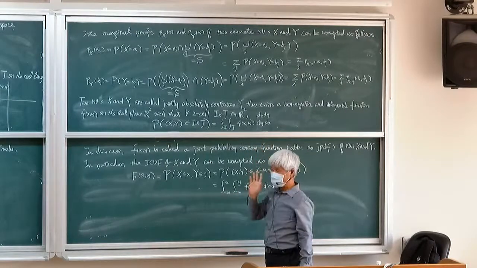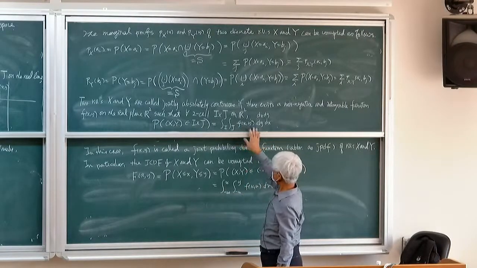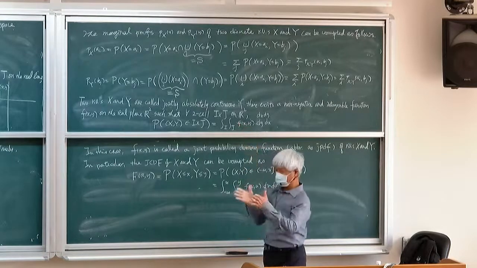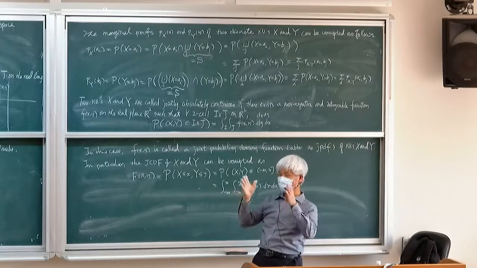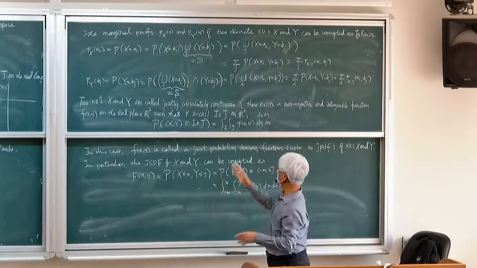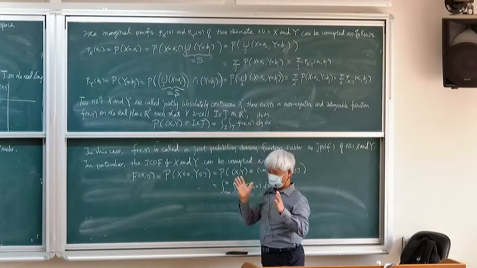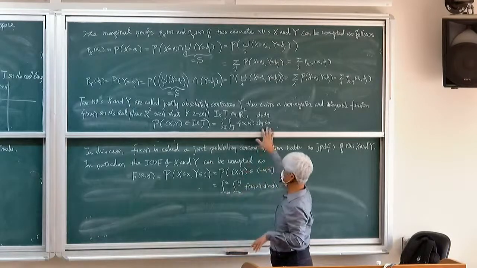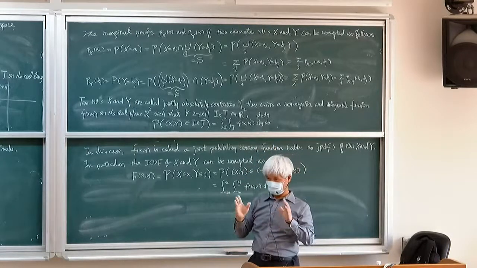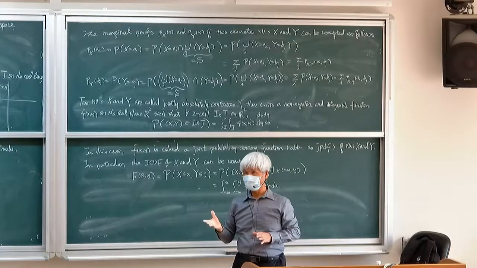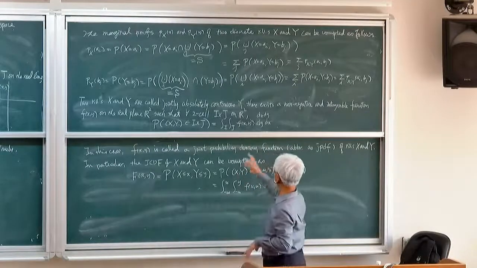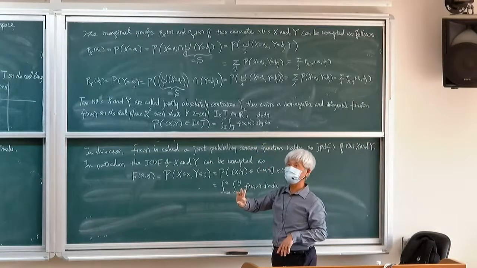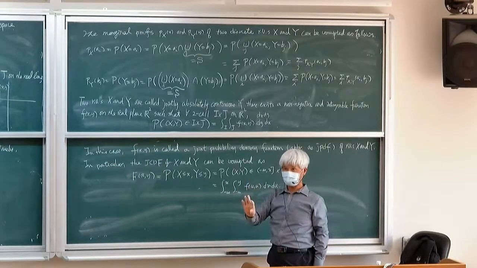But there's still a theorem that if it converges absolutely, meaning the integrand may be positive or negative, but when you put in the absolute value the integral is still finite, then the surface integral can be evaluated by the repeated double integral. You can integrate first by x and then y, or you can exchange the order. That is the famous Fubini theorem.